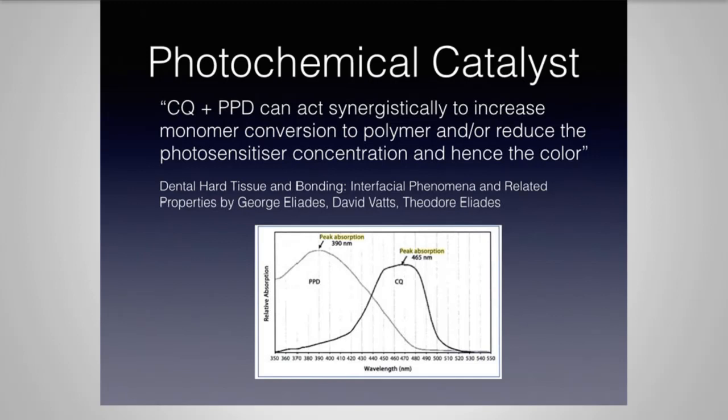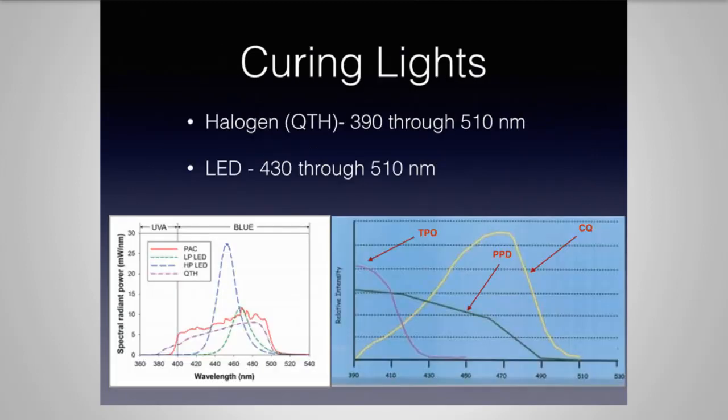So this is some of the interesting work that the chemists are doing in the laboratory to try to reduce that horrific yellow of the CQ and temper it with the PPD color, so that we can get an assortment of shades and also enable the wavelength of the lights that we're using to work a little bit more effectively. And that's one of the things that's been very interesting in the science as we've gone forward.